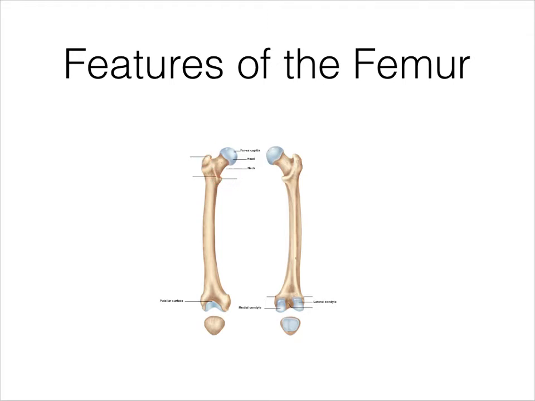They're nearby the head of the femur here, but they are a special type and they have a special name. They are the greater and lesser trochanter. I'm going to label the greater trochanter and not the lesser, just to save time here.